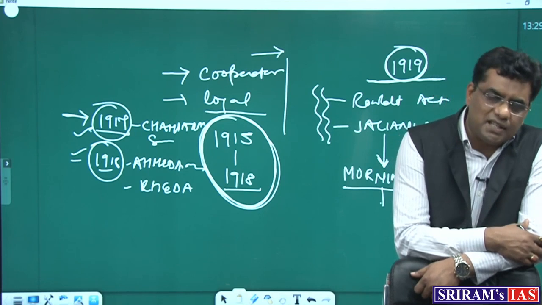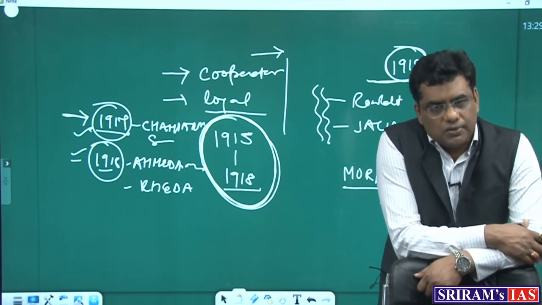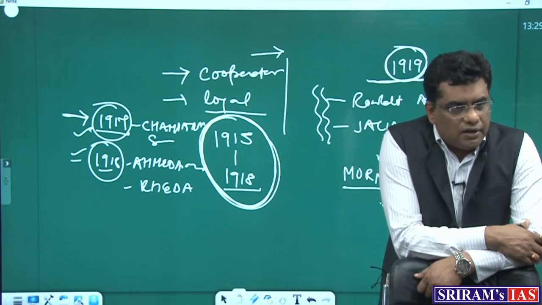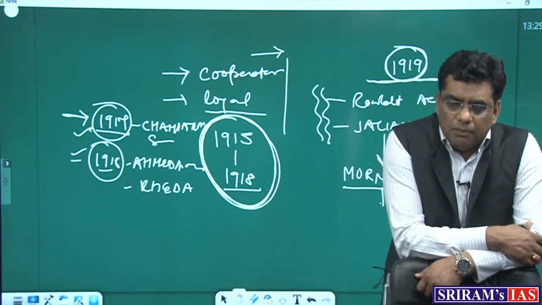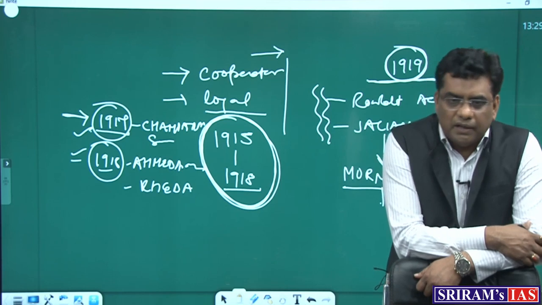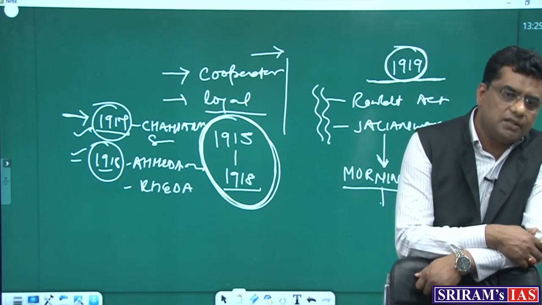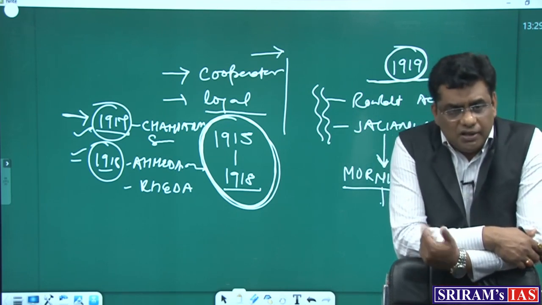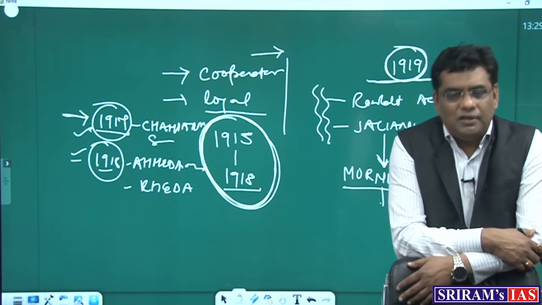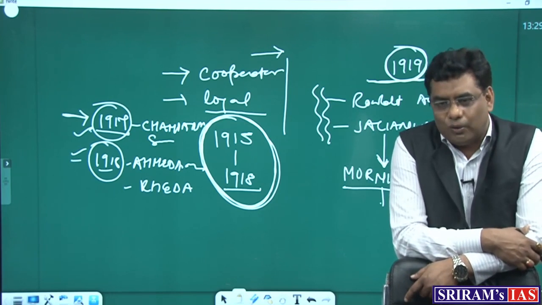His technique of mass mobilization was well recognized. And that is the reason entire India, peasants and laborers, came in support of Gandhi. And by 1918, he was the undisputed mass leader. Thereafter, he entered Congress. And you can say Gandhi means Congress and Congress means Gandhi.